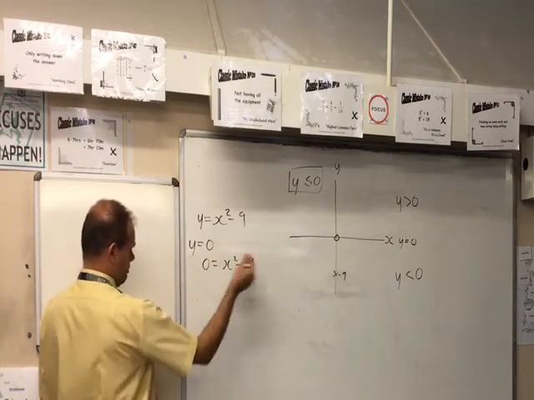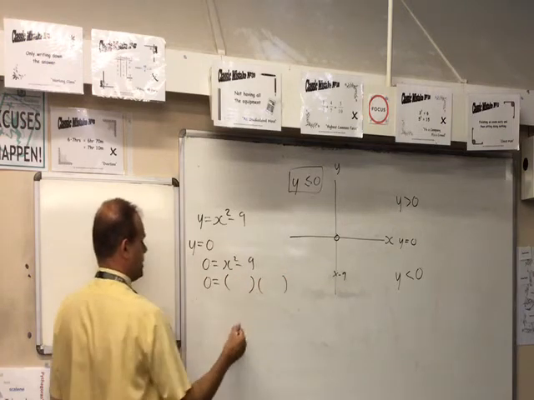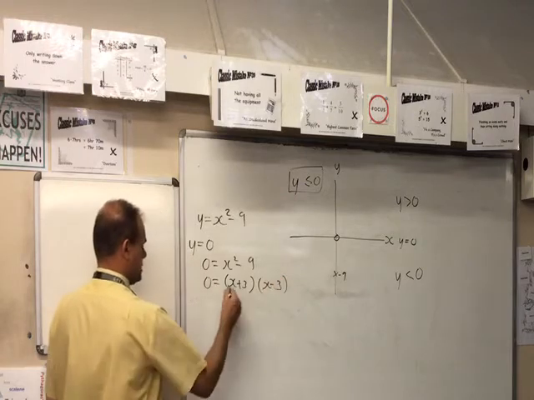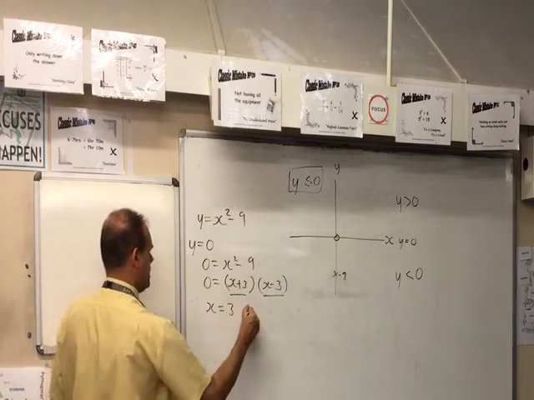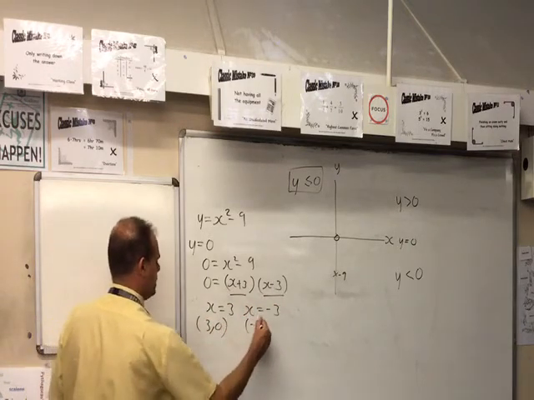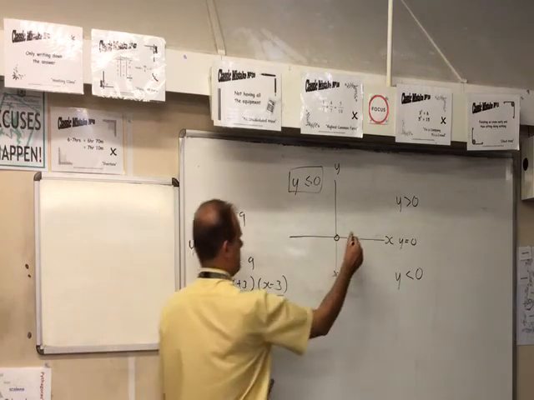You factorise that into two brackets, the difference of two squares, x plus 3, x minus 3. Set them equal to 0, and you get x equals 3 and x equals minus 3, which means it goes through (3, 0) and (minus 3, 0). Those are the x-intercepts when y equals 0, plot them on here.